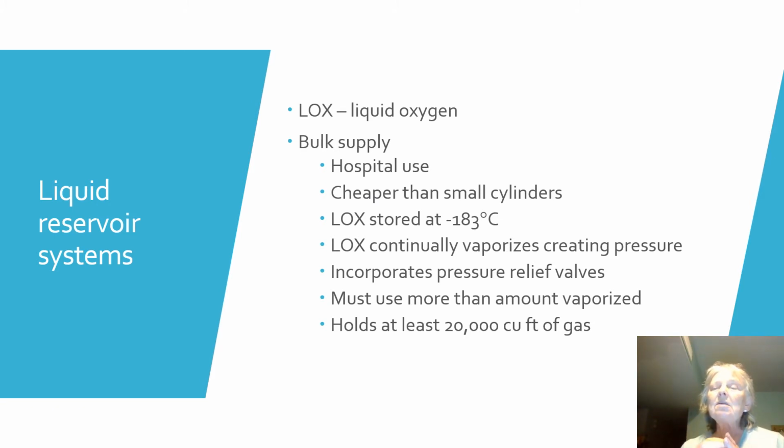The key to this is you've got to use more than you allow to evaporate. If you're not using more than what you're allowed to vaporize, then unfortunately it's going to cost you a lot of money, and your insurance company, if they're paying for something like this, is not going to pay for it. So you have to use more than you lose. And these systems have to hold at least 20,000 cubic feet of gas, and that includes the reserve systems also.